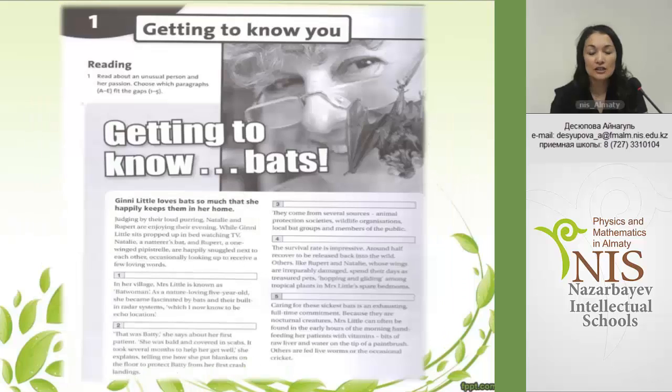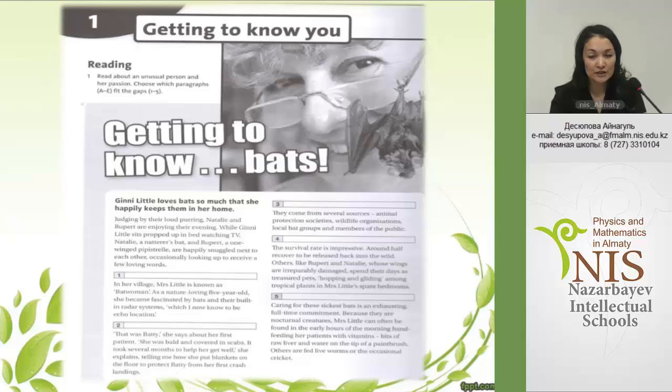So the next stage is that I want my students to work with a textbook. For this, they read an article about an unusual woman, Jenny Little, whose life is closely connected to bats.